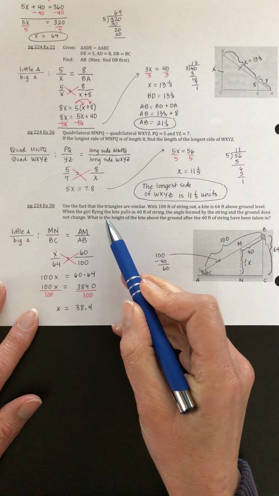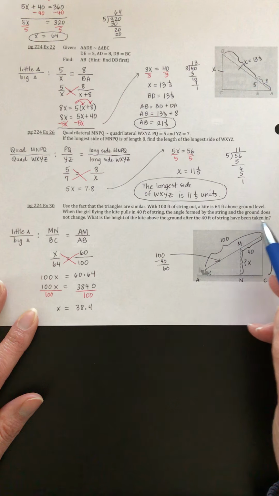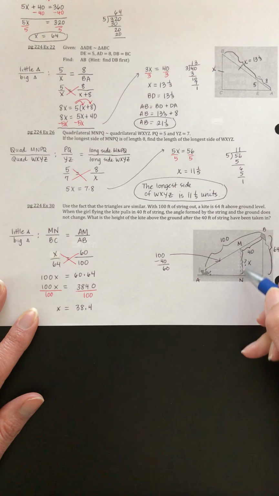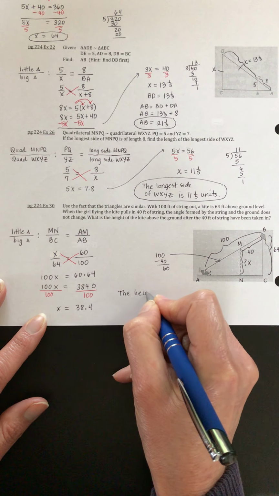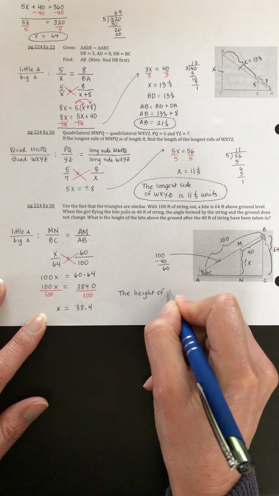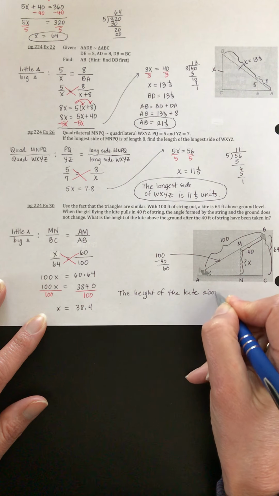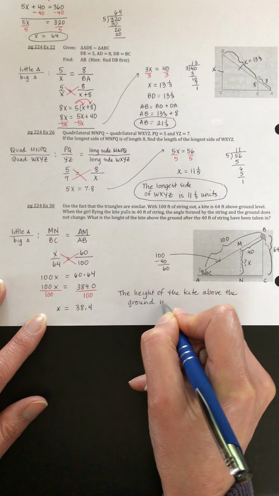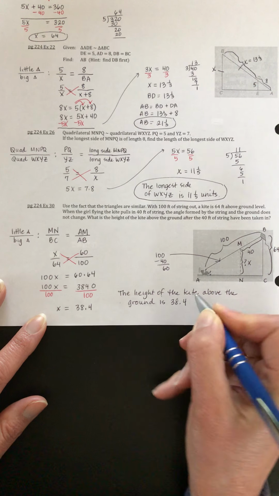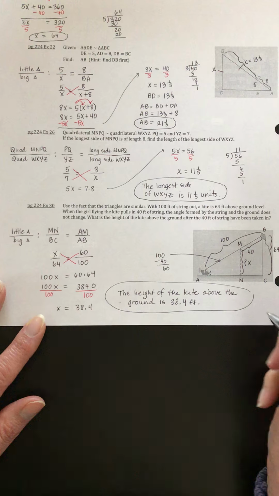So when we answer the question, what is the height of the kite above the ground after 40 feet of string have been taken in? Well, we just found this piece right here, so that is the height. So we're going to say the height of the kite above the ground is 38.4, and what are these? Feet. Okay, and that concludes section 2.